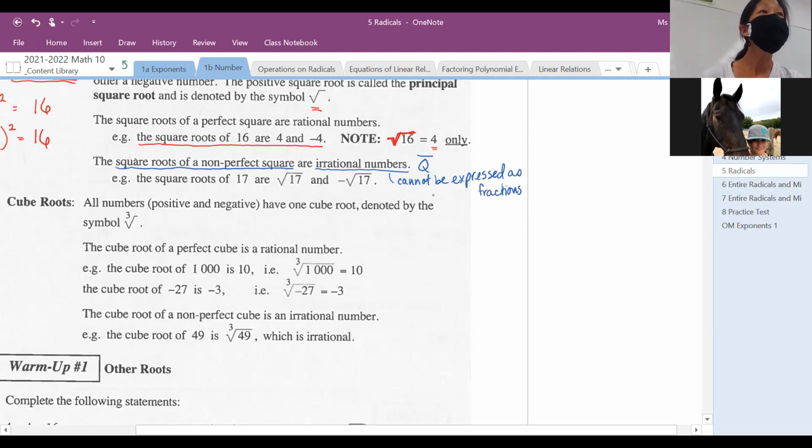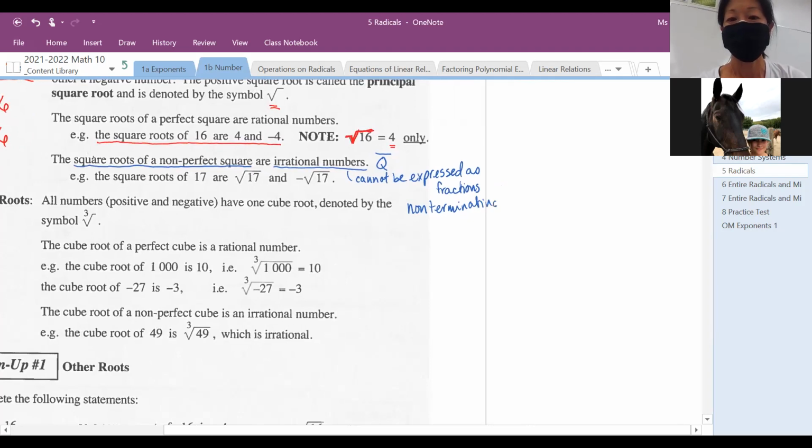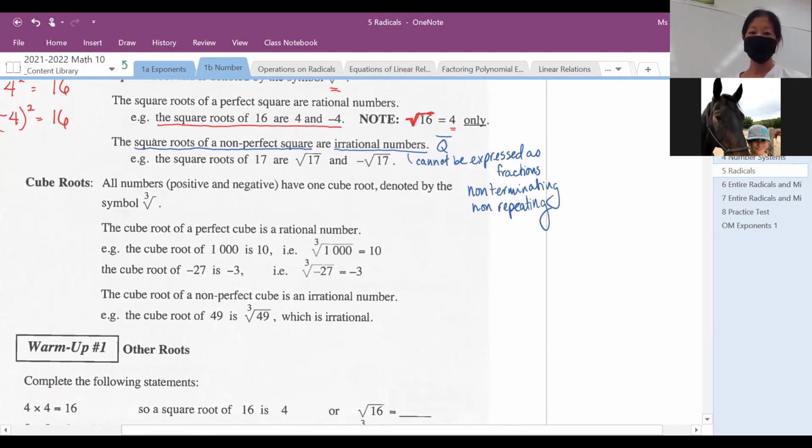A number with a non-terminating or non-repeating decimal. Exactly, both actually. So they are non-terminating, non-repeating decimals, such as pi, such as the square root of 17. Okay, those are all irrational numbers.